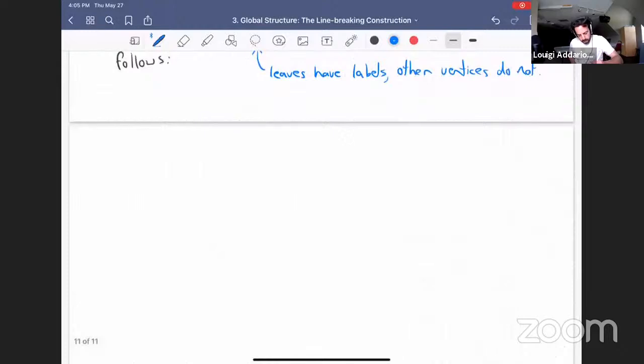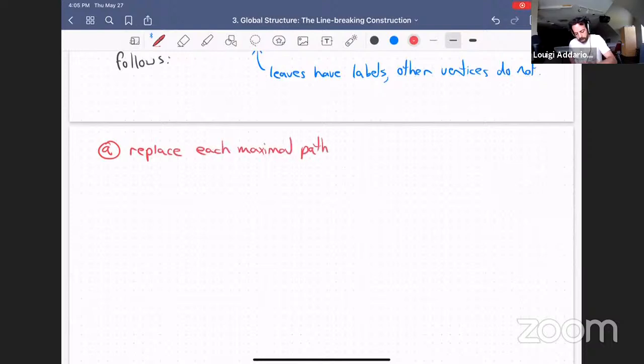There's 3 steps. So first, we replace each maximal path containing no branch points by an edge.